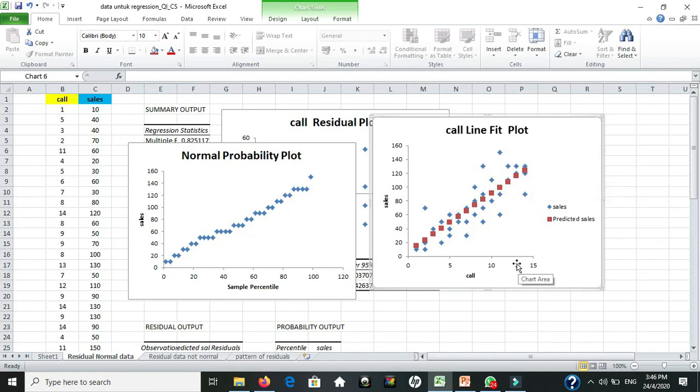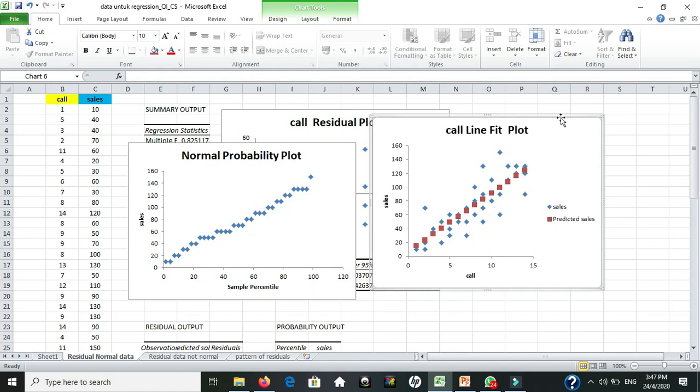We look at the blue dots here. Is there any indication of a linear, straight line? Yes, we can see that linear pattern. So we might believe that there is a linear relationship between calls and sales.